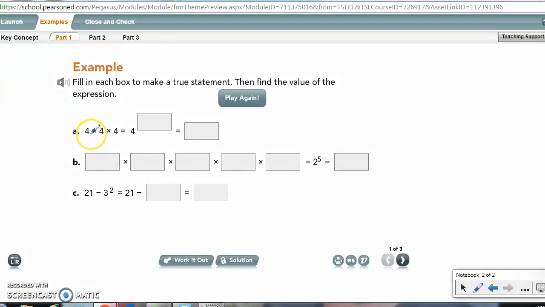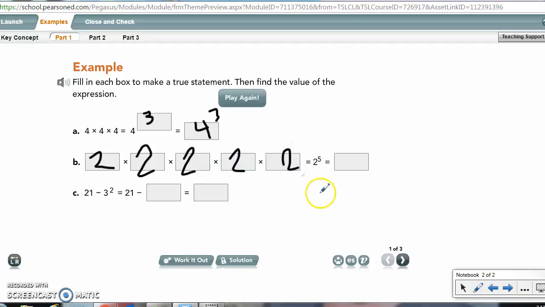So looking at this, 4 times 4 times 4. Well, 4 is my base. So if 4 is my base, this must be 3 because it's 4 to the third power. Down here, I have 2 to the 5th power, so that must be 2 times 2 times 2 times 2 times 2, or 2 to the 5th.